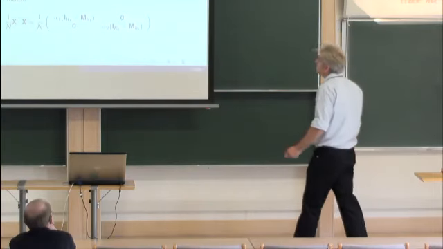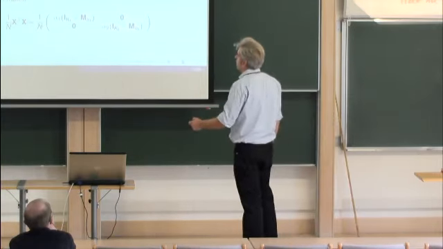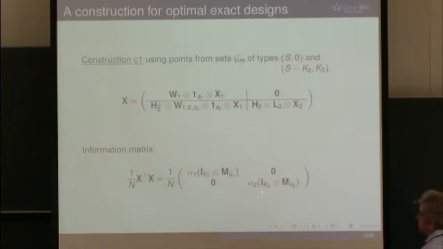So I want to choose the dimensions so that I can get the same constants, the C constants, as for my optimal approximate design, and then that exact design represented here is going to be an optimal one.